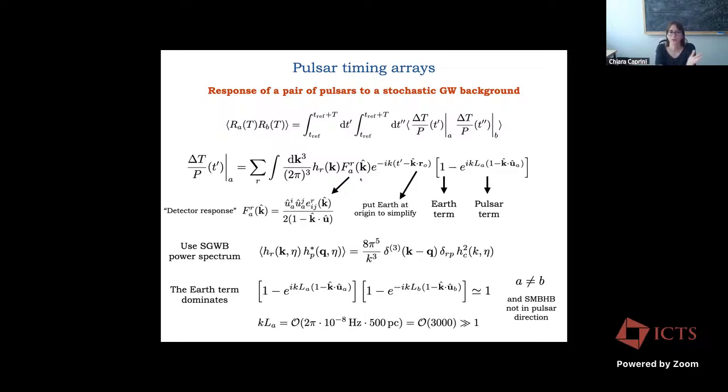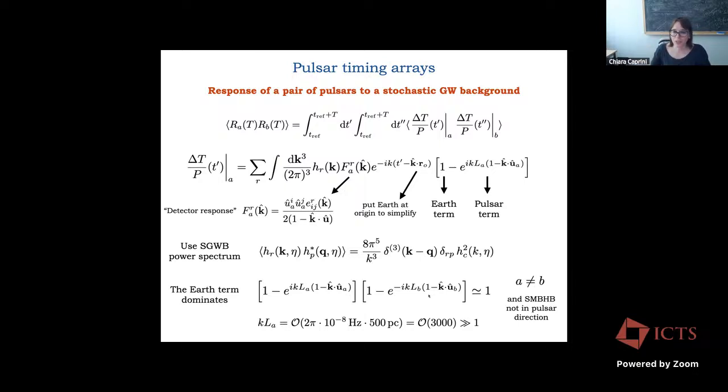Of course, this is true when the two pulsars are different. Otherwise we get a term here if LA is equal to LB, and also if the supermassive black hole binary is in the pulsar direction. Otherwise this thing goes to 1 and this thing goes to 1. Right.